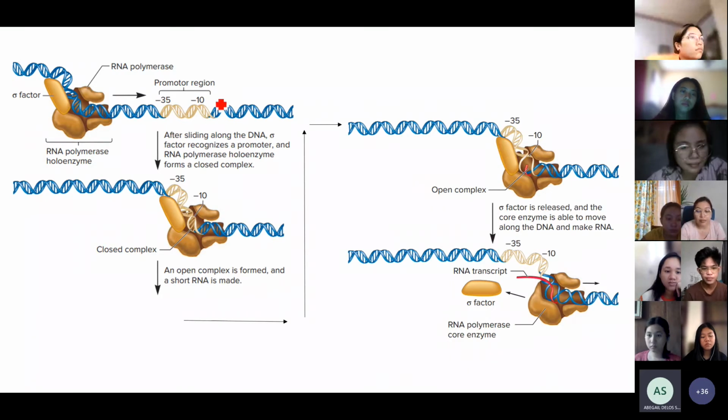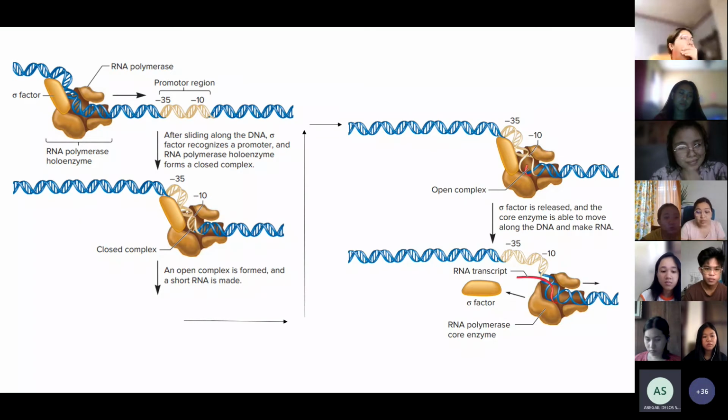And once you have started the transcription process on the promoter region, it would slide along the DNA to create your closed complex.